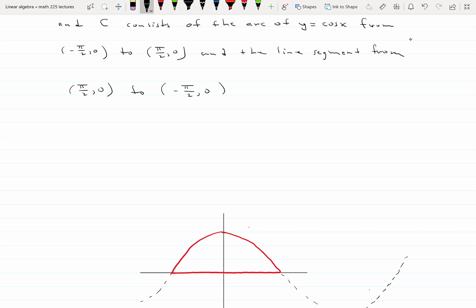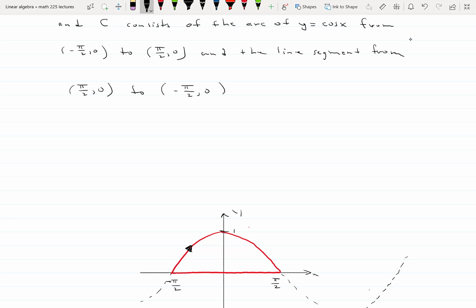So here's negative pi over 2 along the x-axis. Here's positive pi over 2 along the x-axis. Here's, of course, 1. So along the arc of cosine from negative pi over 2 to pi over 2, this is definitely in the negative direction.